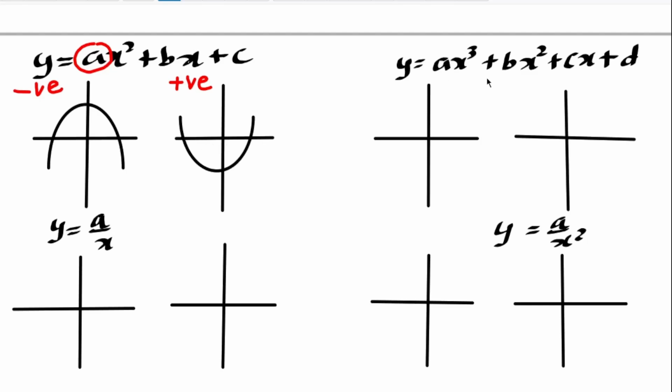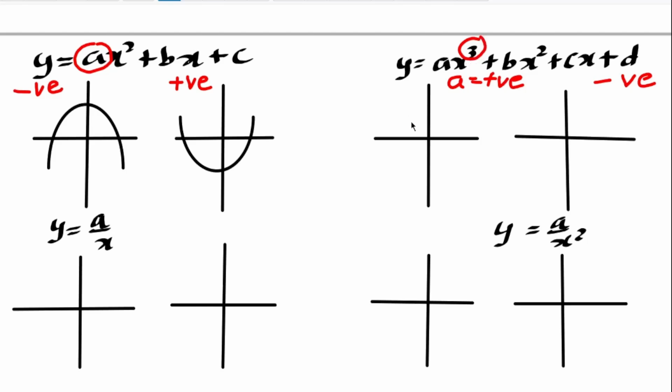Next one is cubic one. The cubic one, we have to draw it. Remember the shape of the positive one when a is positive and a is negative, in the same way of quadratic. How do you recognize whether it is cubic? The maximum power of x has to be 3, then it is cubic.